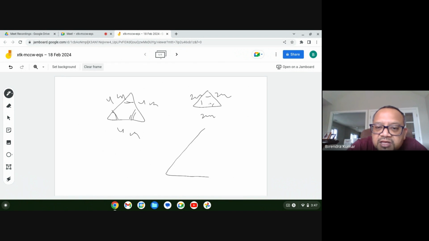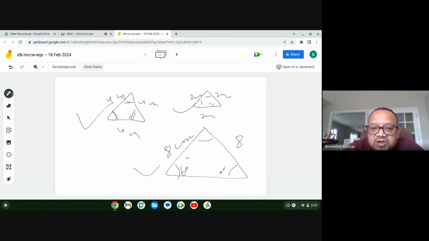I can have another equilateral triangle with 8 centimeter sides, and the angles are 60 degrees. If you look at these triangles, what is common among them? All the angles are 60 degrees. Each triangle has matching angles, but the sides are of different length. That is why they are called similar.